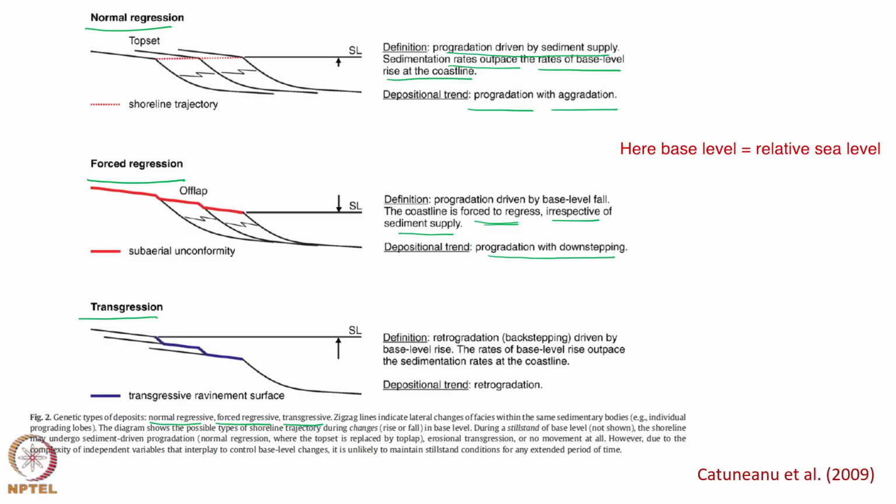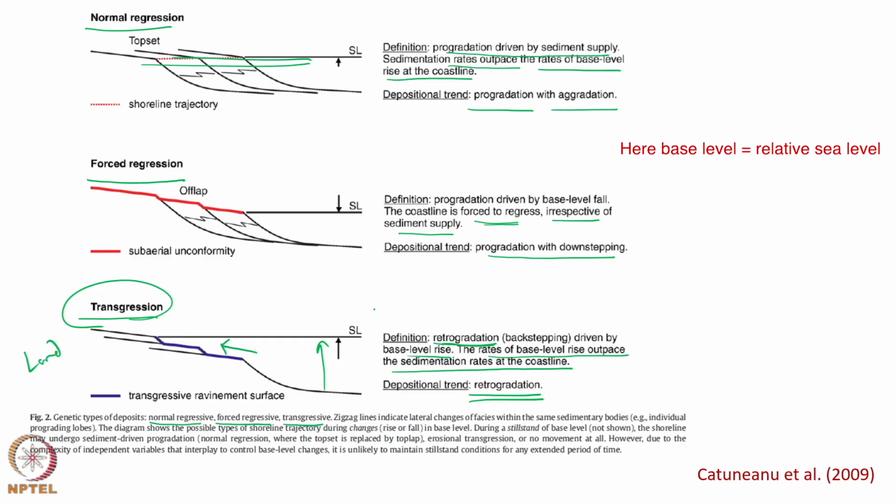Transgression is a retrogradation or backstepping driven by base level rise. Here this was the SL and that SL has moved up and a transgression has taken place. Retrogradation happens. In this case, the rate of base level rise outpaces the sedimentation rate at the coastline and it leads to retrogradation. More and more sediments are piled towards the land direction.